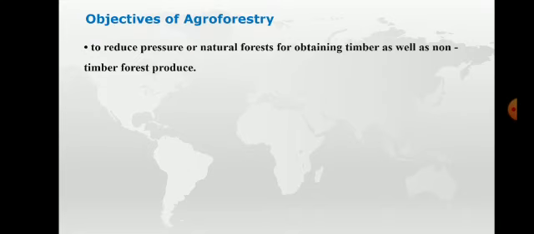So in order to take timber, people will destroy the natural forest, isn't it? So reduce that pressure. In agroforestry you can see the timber related plants are planted here. When the plant grows into the tree, they can make use of that timber, as well as the products of forest which are available in this piece of land.